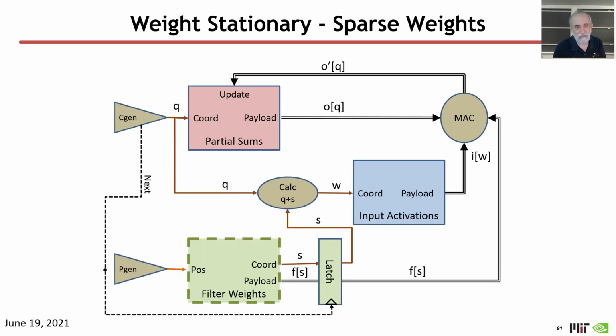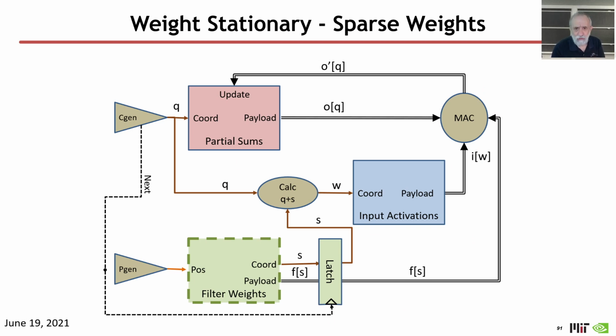And we can map that into the hardware, where now our position generator is generating a sequence of positions for the filter weights. Those filter weights are now held in a latch because it was weight stationary. We still do computations of the appropriate output. We still input the coordinates into the uncompressed partial sums and the coordinates into the uncompressed input activations, because coordinates and positions are all equivalent for uncompressed representations, and do our multiply, accumulate, contributing to the outputs.